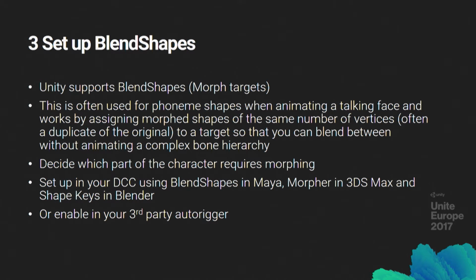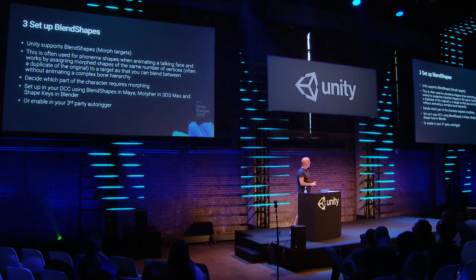So the other thing that Unity obviously supports is blend shapes. If you've got a bone-driven skeleton, bone-driven mesh in your animation pipeline, then you tend to focus that on walking and moving and locomotion animation type stuff.